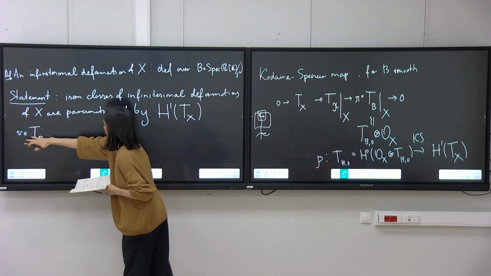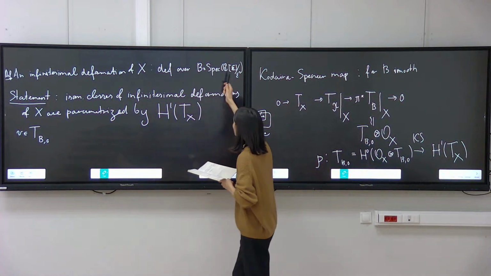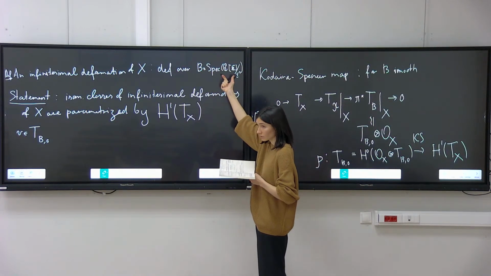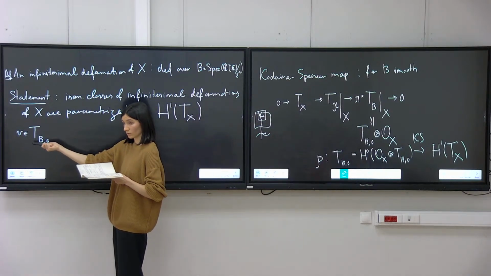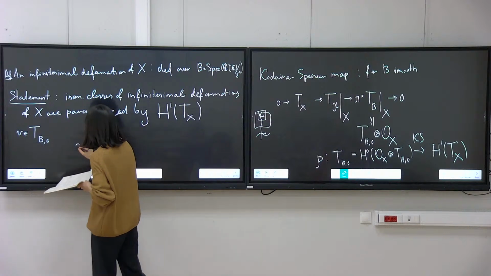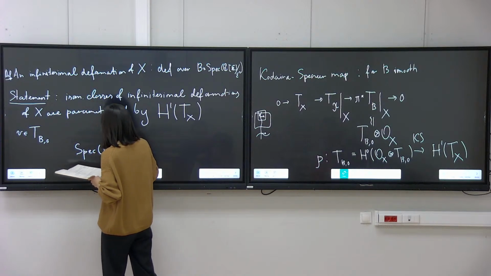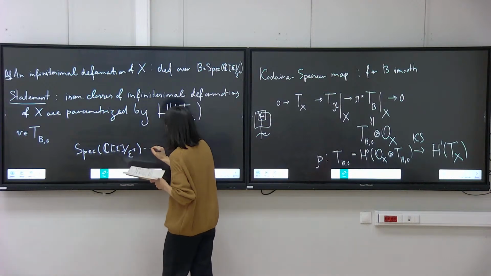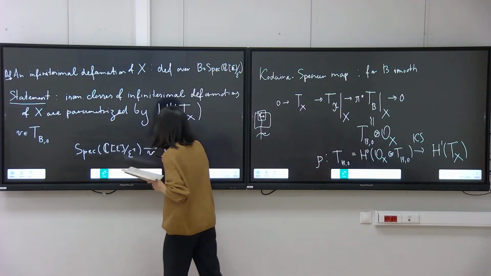So what does this tangent vector give in terms of maps from the spectrum of dual numbers? It's a map from the spectrum of dual numbers to B, right?